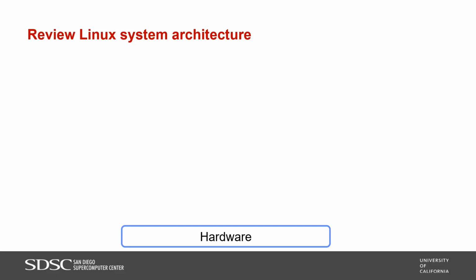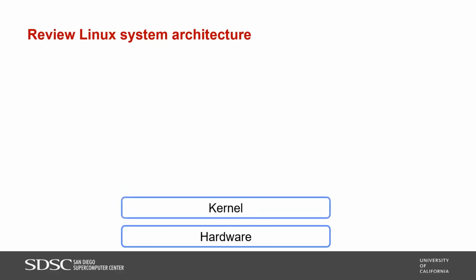And when your PC or the cluster is running the Linux operating system, we will always have a kernel above the hardware layer. That kernel makes sure that every piece of hardware is powered up and can run, and we call this the Linux kernel.